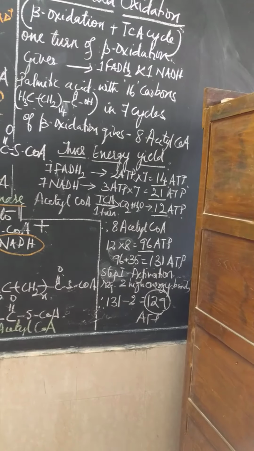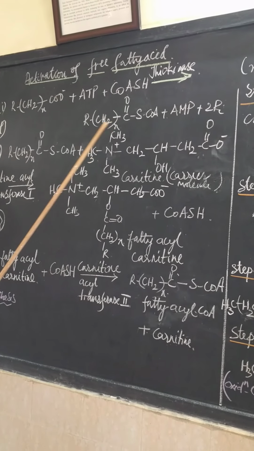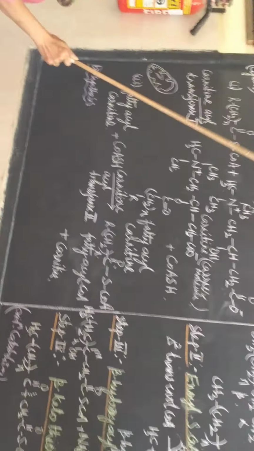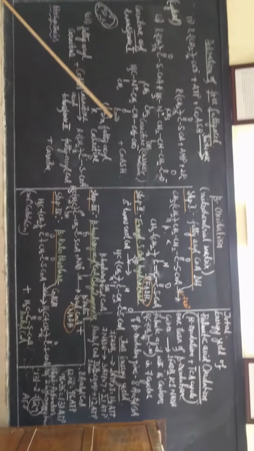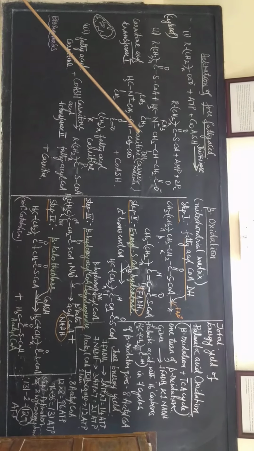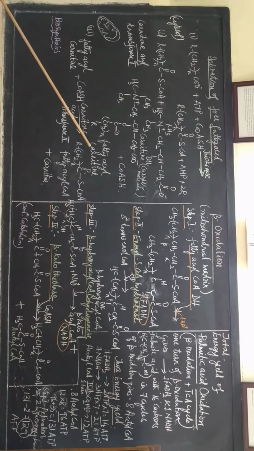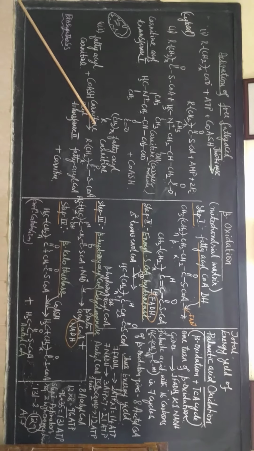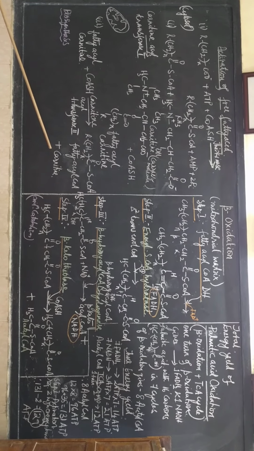Now coming back, the catabolism of fatty acid has 3 steps. One is activation of fatty acid, then transport of fatty acid by loading on to carnitine. Carnitine can pass through the mitochondrial membrane. There is another carnitine there waiting. It forms fatty acyl-CoA and carnitine is left free.